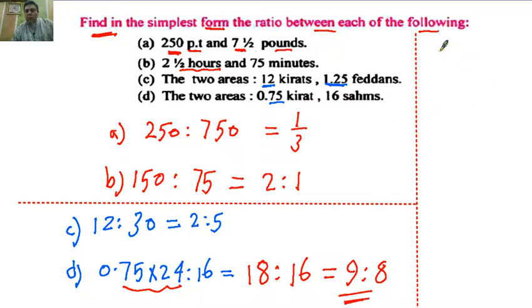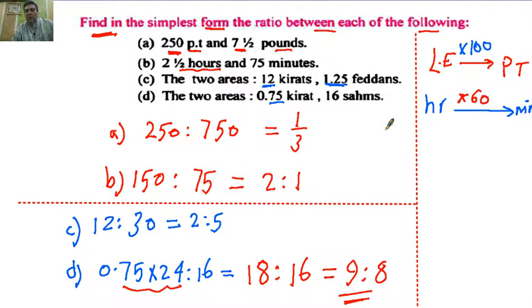We must learn that from pounds to piasters, we multiply by 100. From hours to minutes, we multiply by 60, since 1 hour equals 60 minutes.